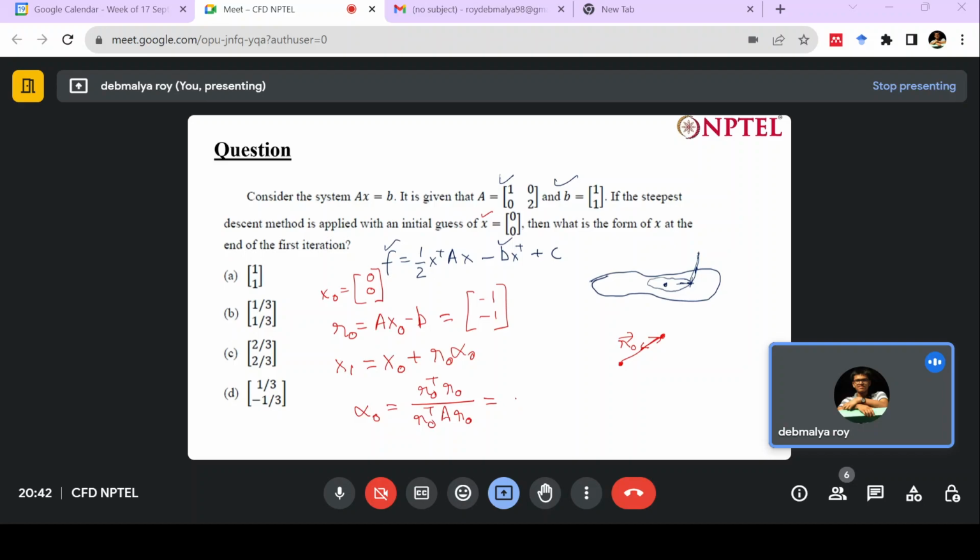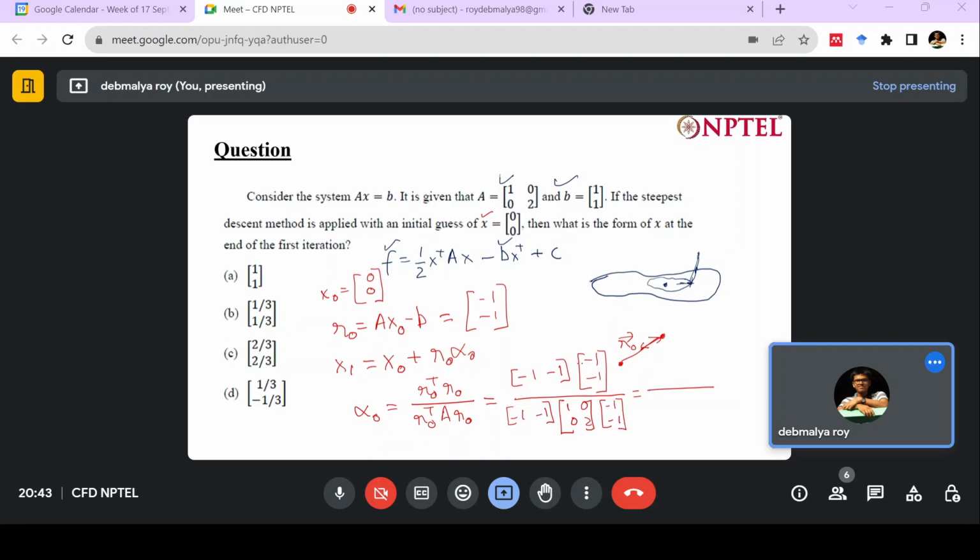So now we have to calculate alpha 0. So alpha 0 is minus 1, minus 1, this is minus 1, minus 1, minus 1, minus 1, with A being 1 0 0 2.